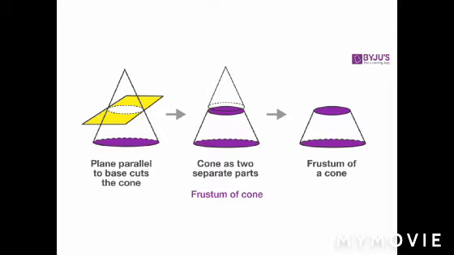On top, we have a small cone that has been formed after the big cone has been cut. Below, the remaining shape does not look like a cone anymore. After separating the small cone on top, what remains is what is known as the frustum. The third diagram, on the far right, is a frustum of a cone.